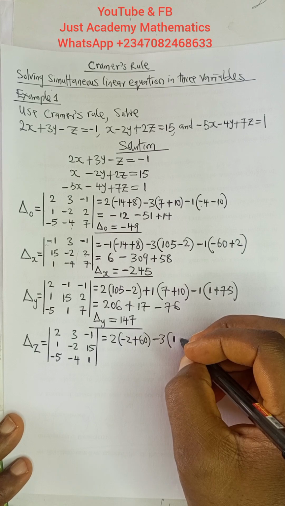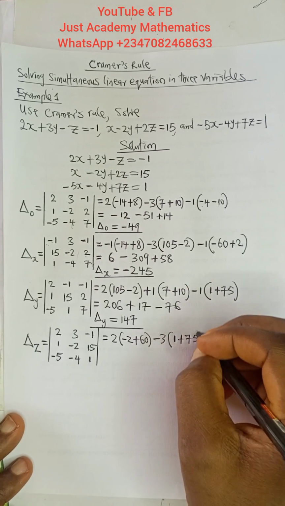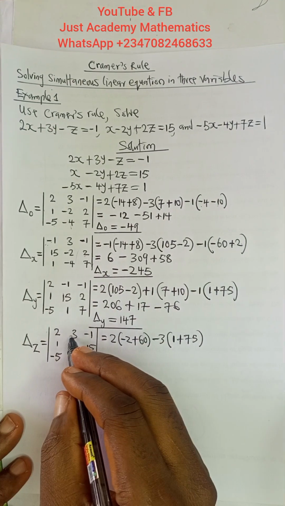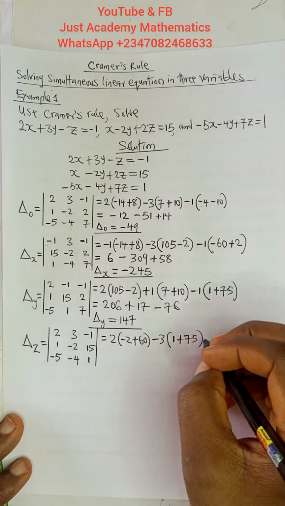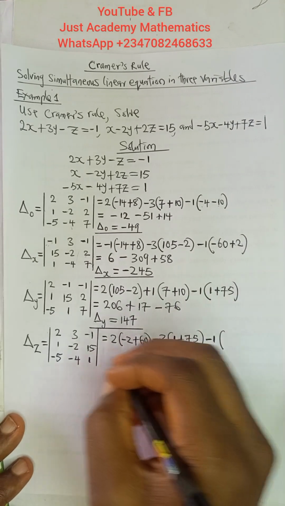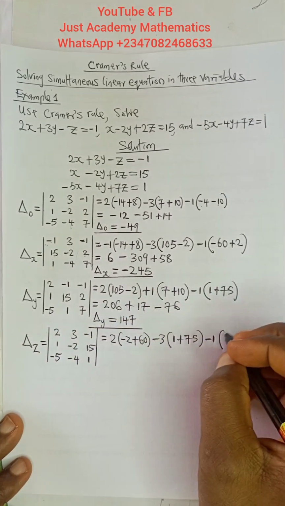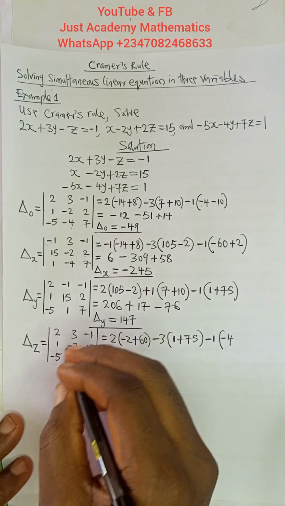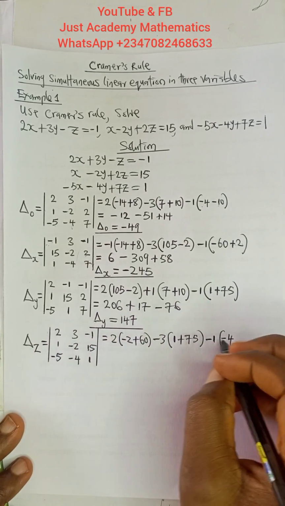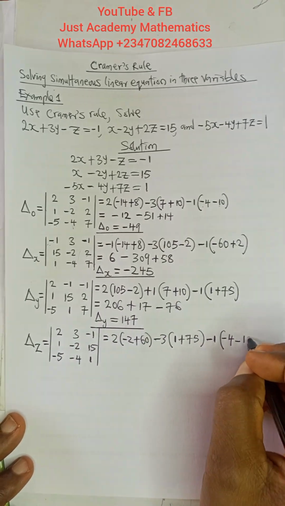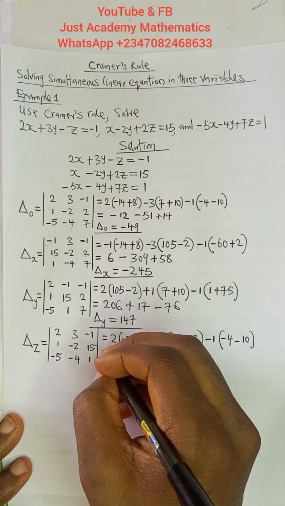Minus 75 times minus is plus 75. Then plus minus plus. So here will still be minus 1 times this out. You have minus 4 minus 10. Minus 10.